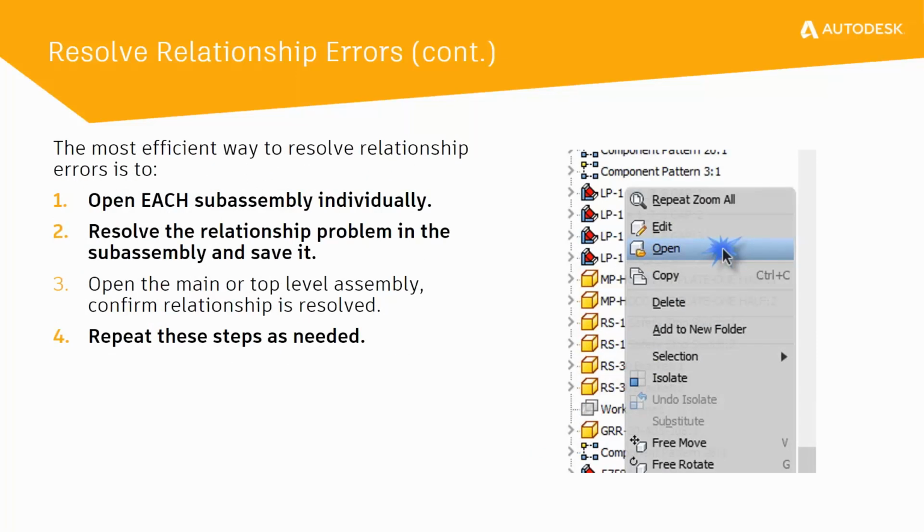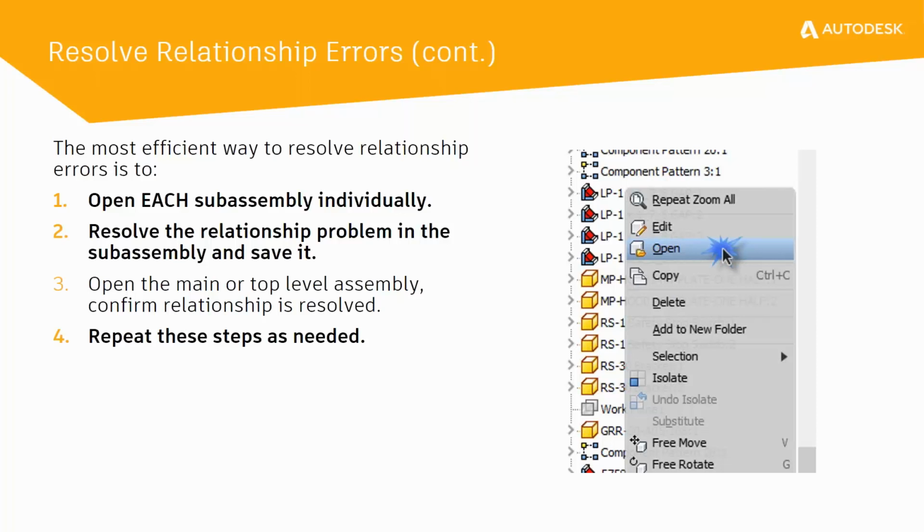The most efficient way of resolving relationship errors, especially when working with large assemblies, is to open each sub-assembly individually to resolve any potential relationship issues inside of that sub-assembly, save it, then move back to the top level assembly, confirm whether that relationship is now resolved and whether there's any reason to look at it further, and repeat that for any subsequent relationship errors that might exist.